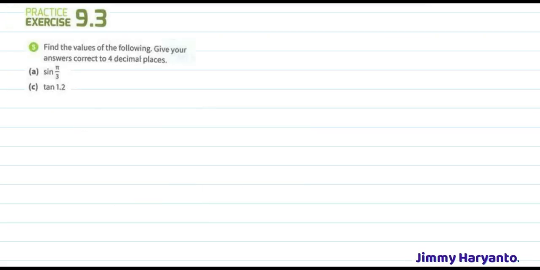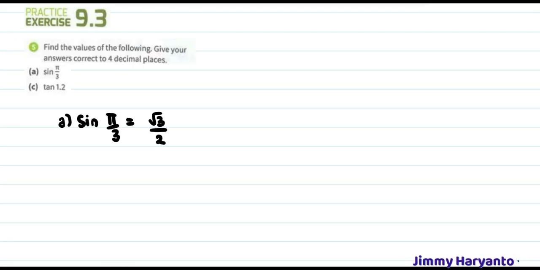Okay, next is question 5. For question 5, the question wants you to find the value of sine and tangent but in radians. So you have to set up your calculator into radians first before you calculate this. For the first one, we have sine of pi over 3. You only have to input the sine and the pi over 3 in your calculator, and your calculator will show you square root of 3 over 2 as the final result.